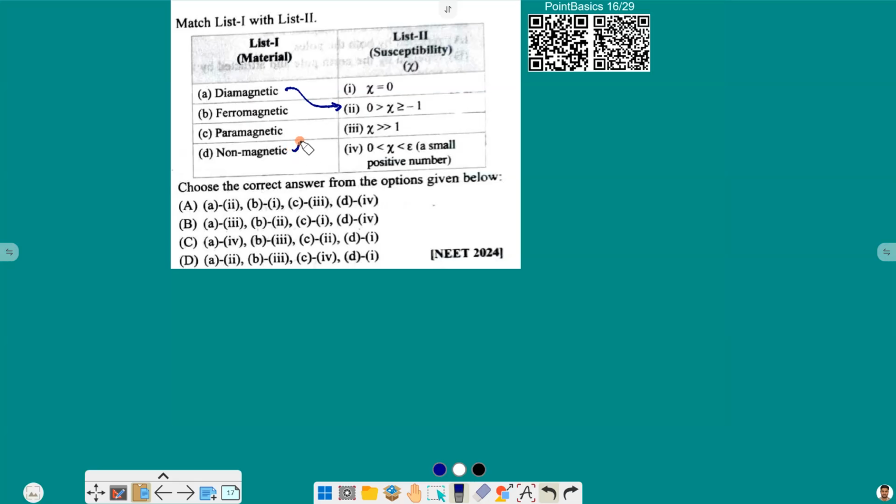For non-magnetic material, xi will be 0. Then we have paramagnetic material. For them, xi will be slightly greater than 0, so paramagnetic will match with 4 and ferromagnetic will match with 3. So A with 2, B with 3, and C with 4. So option D here will be the right answer.